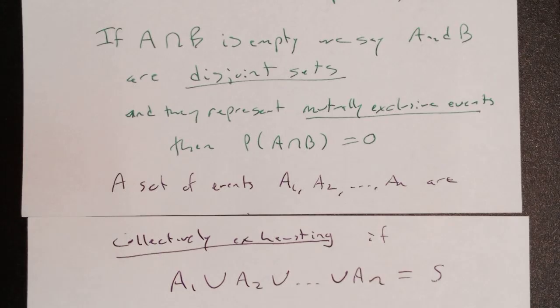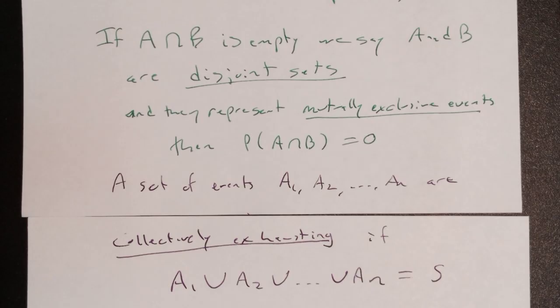Now, these A's may or may not be disjoint. If they are disjoint, then I'm going to use both phrases, collectively exhausting and mutually exclusive. But collectively exhausting is its own separate category. I really like collectively exhausting and mutually exclusive. There's no overlap between them. I can just count each pile. But there might be cases where we do have overlap.